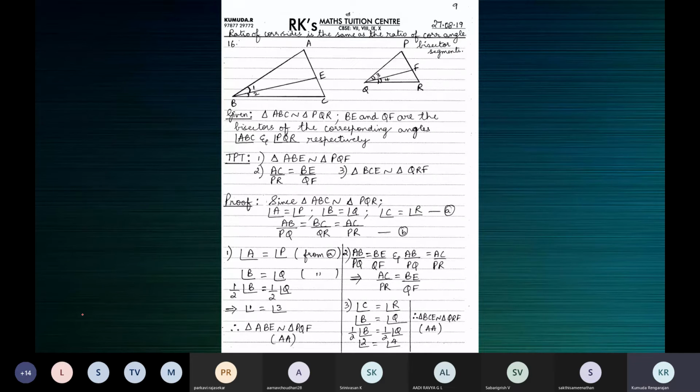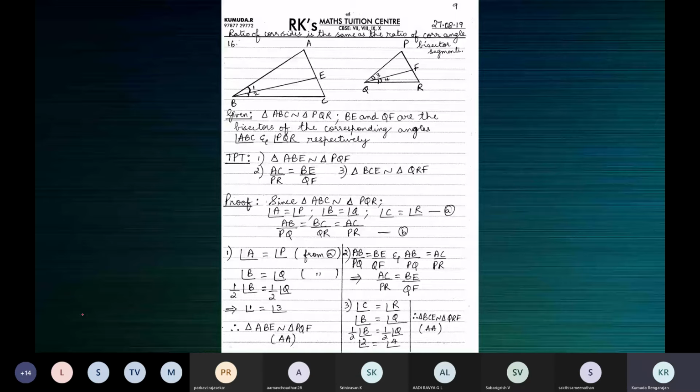So we spoke about corresponding medians, we spoke about corresponding altitudes, and this is corresponding angle bisector segments. These are the line segments that can be drawn from the vertices to the opposite sides.